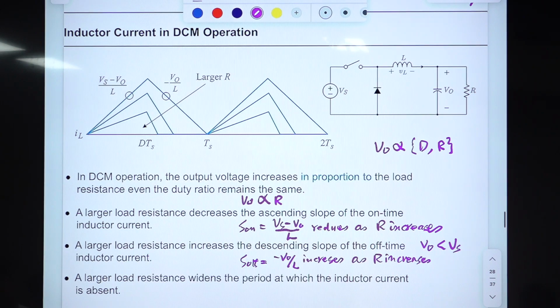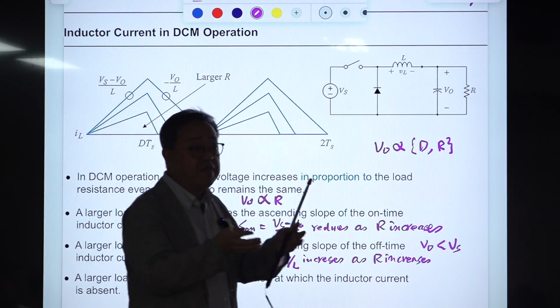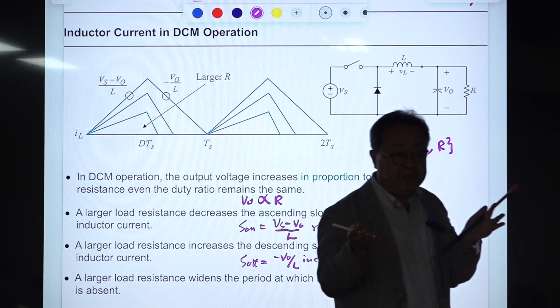Then why is DCM important? Because you design your converter in CCM. You want your converter to remain in CCM all the time, but that is impossible. There are many operational modes. Load resistance can be increased, or in some energy saving operational mode the load current becomes very small.